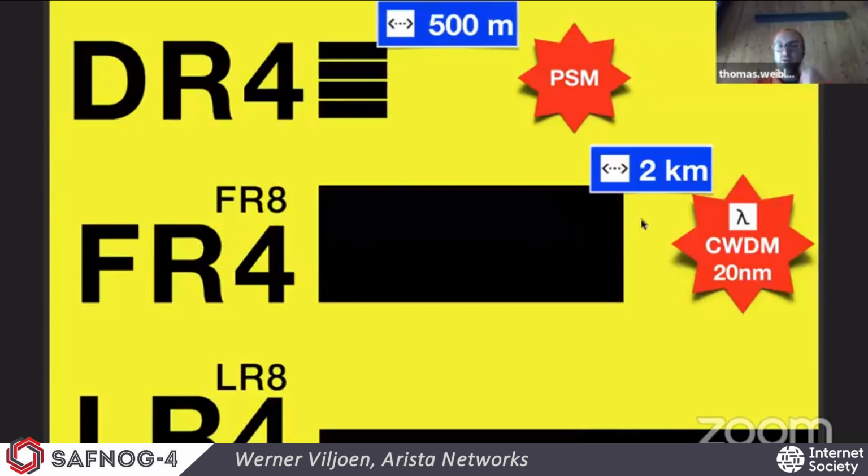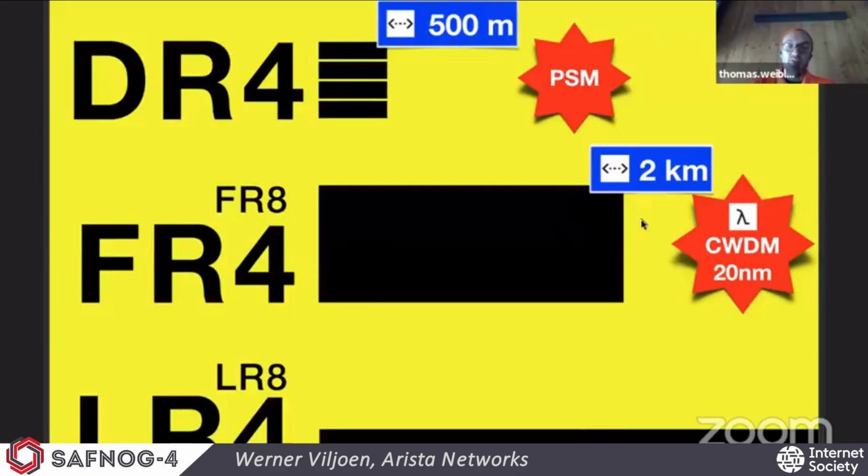I think that's a pretty hot and nice candidate, even for defined interfaces on an exchange point, for example, because the exchange point only defines the interface at their side. And when they say, okay, we follow the IEEE and it's FR4 technology based on IEEE, then you as a client will know which kind of transceiver you need to use.